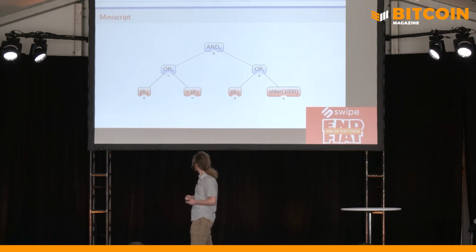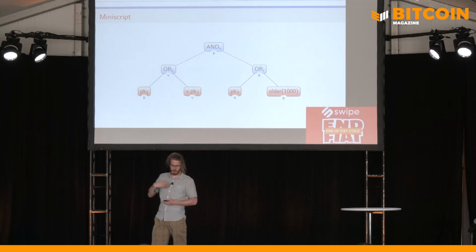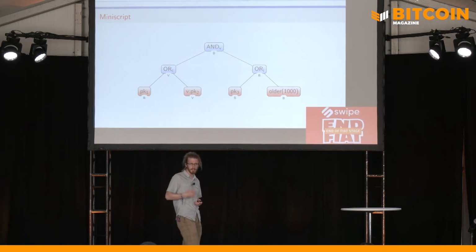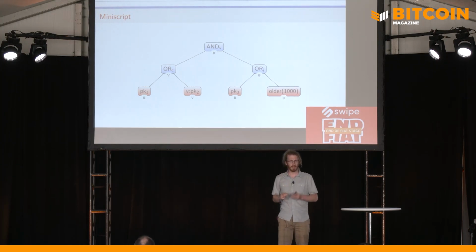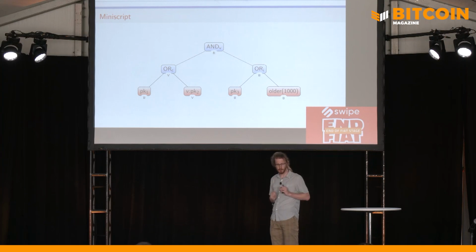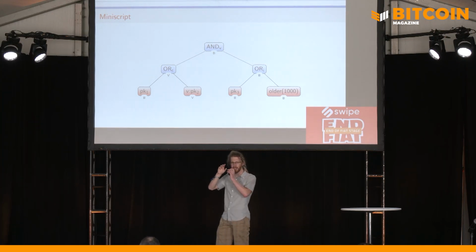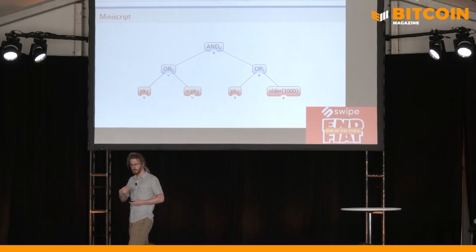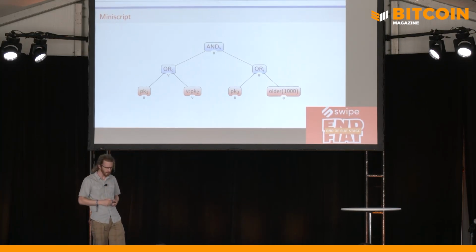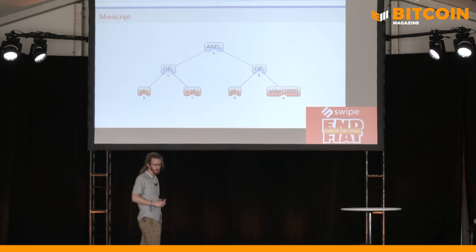What you care about is you can see, for example, at the bottom, we've got a couple public keys. It's PK1 and PK2. Those are public keys. And you can see you've got an OR of those. Either PK1 needs to sign or PK2 needs to sign. At the top, you've got this and, so both halves of this need to be satisfied. So if coins are protected by this miniscript that I've drawn here, you can see you've got these 2 conditions that are satisfied.